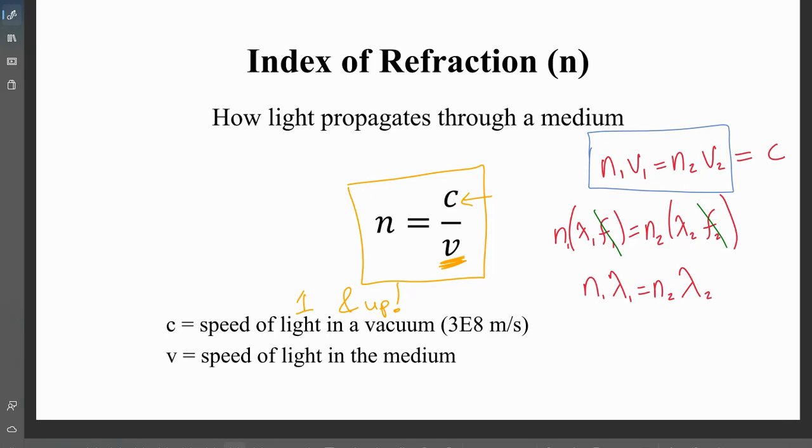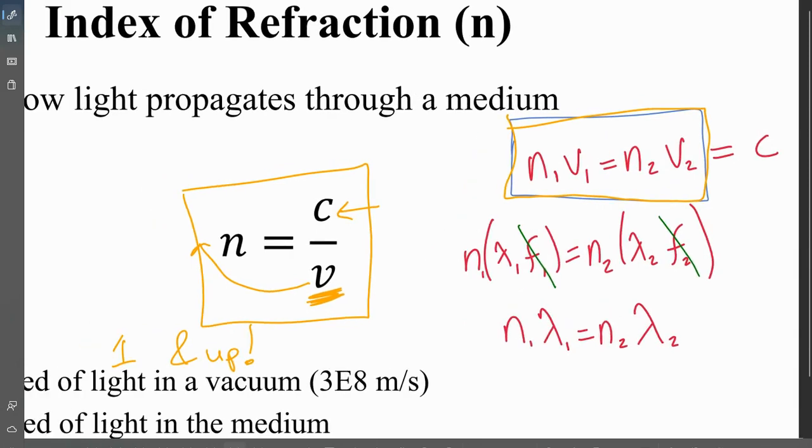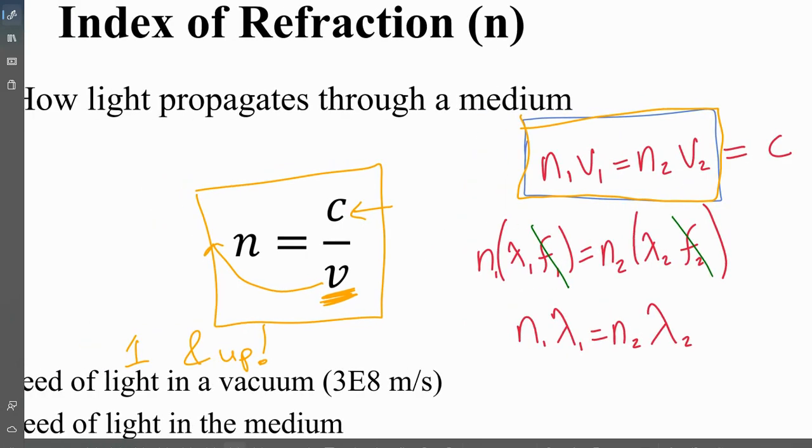The other thing that this brings about is what's over here on the right side of the screen. n1 v1 equals n2 v2. If you just multiply v across, you get this relationship. And since c is a constant, the speed of light, you can say this is true about any two different mediums.